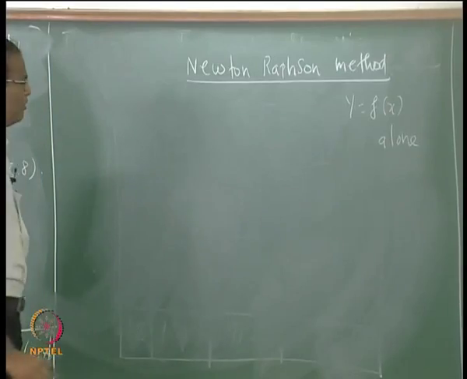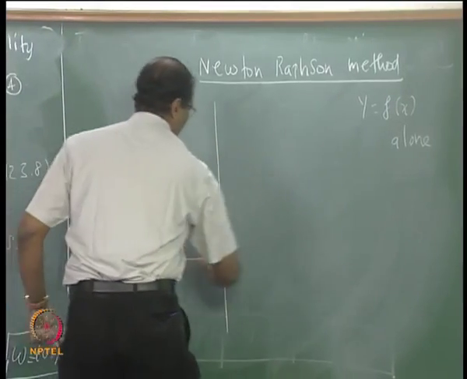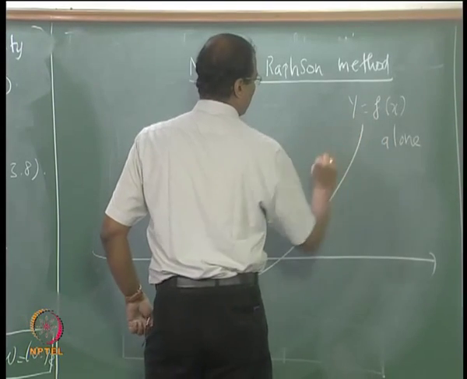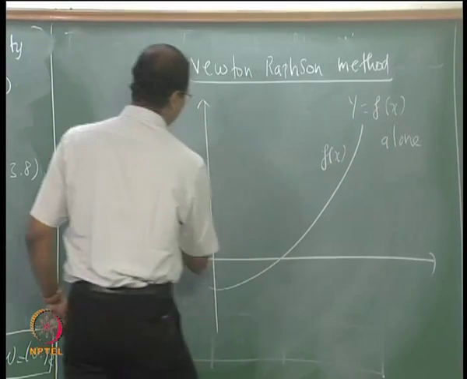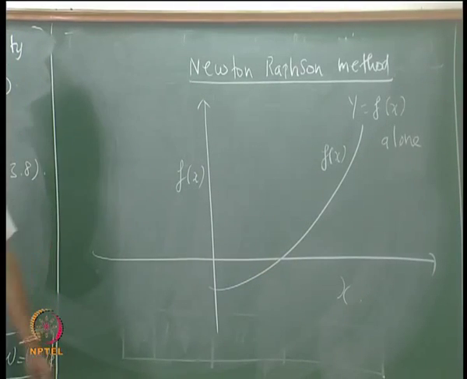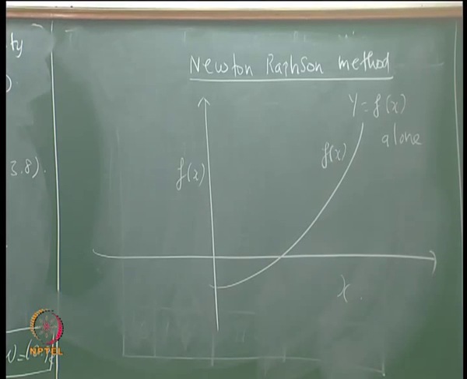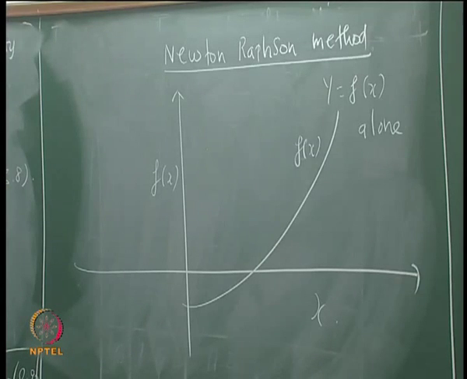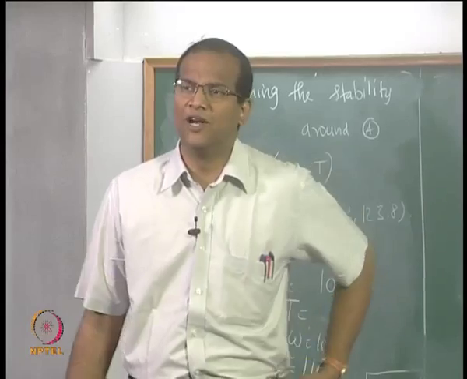It is a one variable problem. So this is f of x, right? I want the roots of f of x, that is I want to find out where f of x becomes 0. That is what we are trying to do using successive substitution also, in making this f of x equal to 0, and that is how we get the operating point.